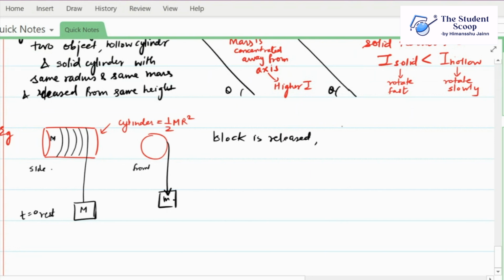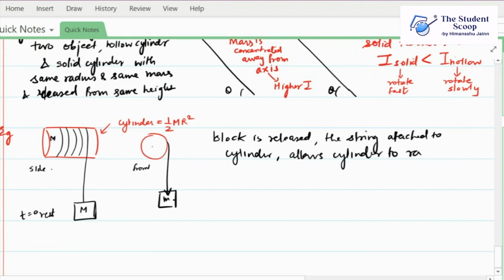Now the string attached to the cylinder allows the cylinder to rotate about the axis as the block is accelerated downward.